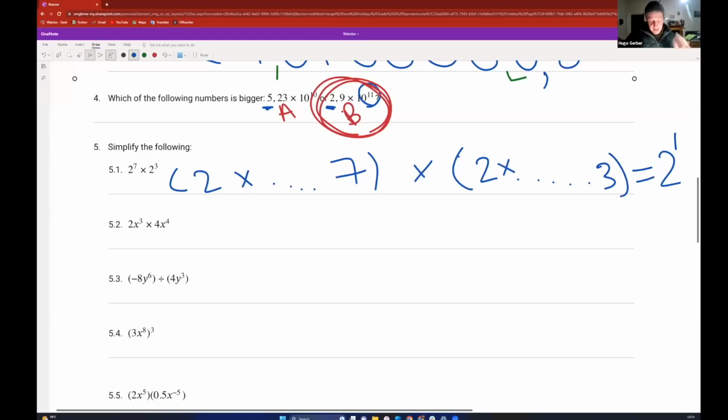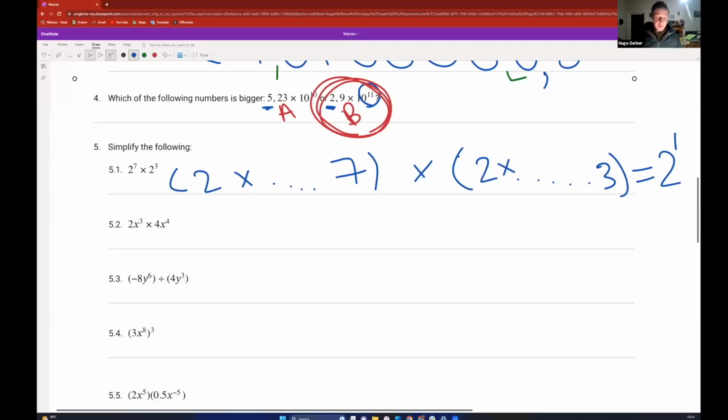My screen failed on me, but I'm getting it to work again. Okay, there we go. You can all see my screen again.